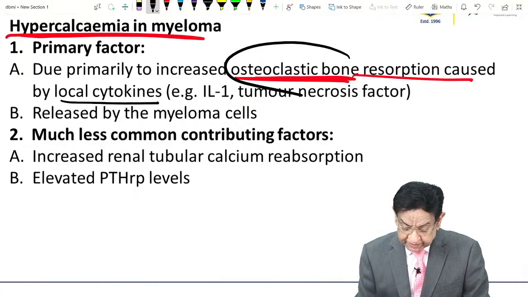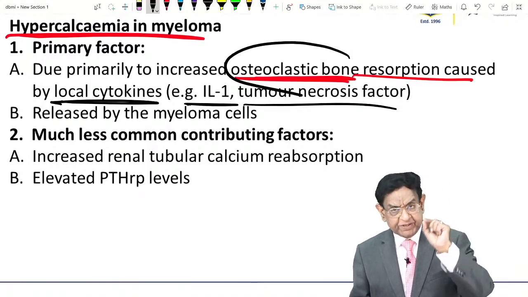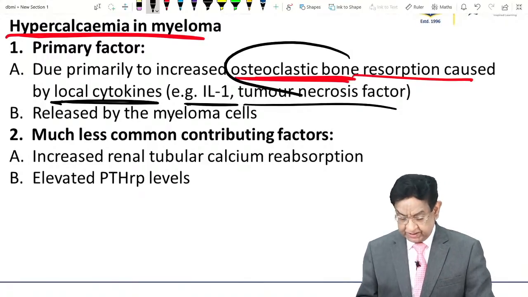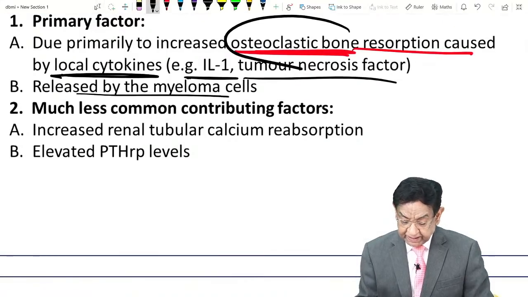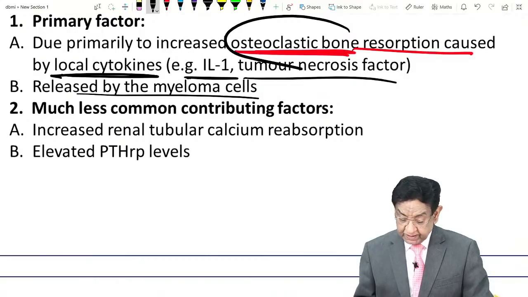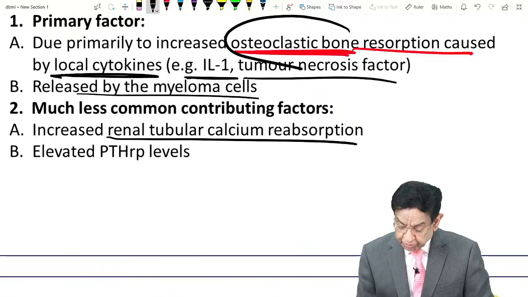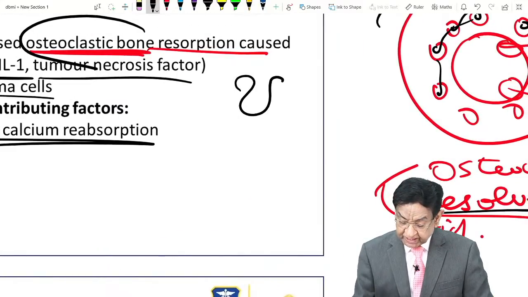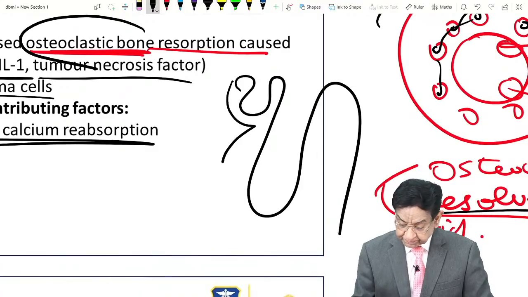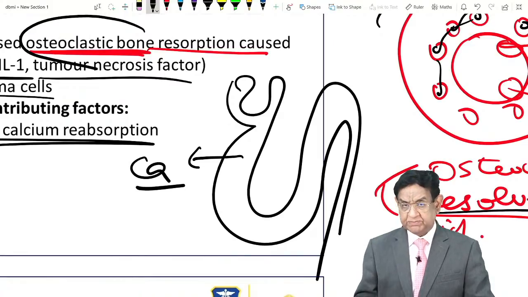Now, why is this resorption occurring? By local cytokines, interleukin-1 and tumor necrosis factor, which are going to stimulate the osteoclast. And of course, they are released by the myeloma cells. Other less contributory factors are increased renal tubular calcium reabsorption. We all know very well, let's recall the physiology, that calcium is reabsorbed from the proximal tubule.